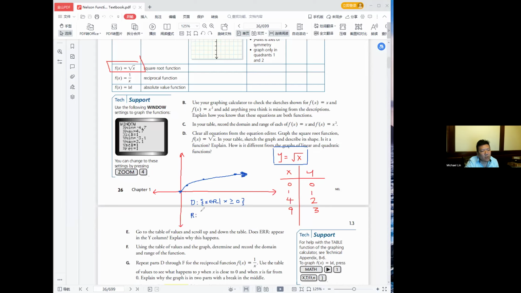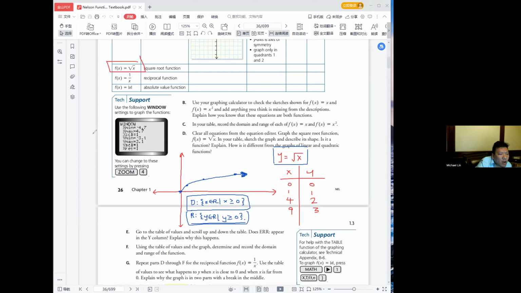And then the range is y belongs to all real numbers, such that y is greater than or equal to 0. Okay. So this is the basic parent function for y equals square root x.